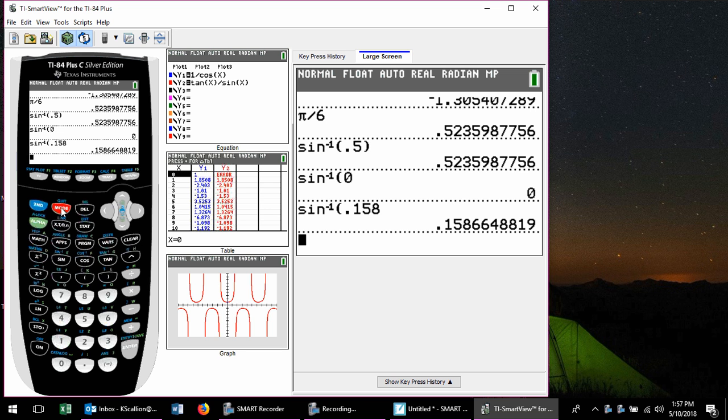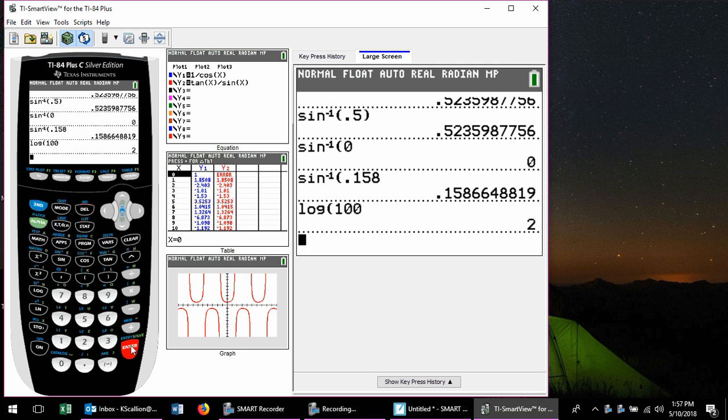So it won't evaluate properly if you're trying to do base 2, but we can do base 10. So all you have to do is hit the log button and then type in the argument, which is 100, not 1,000. And then you're going to hit enter. You get 2.